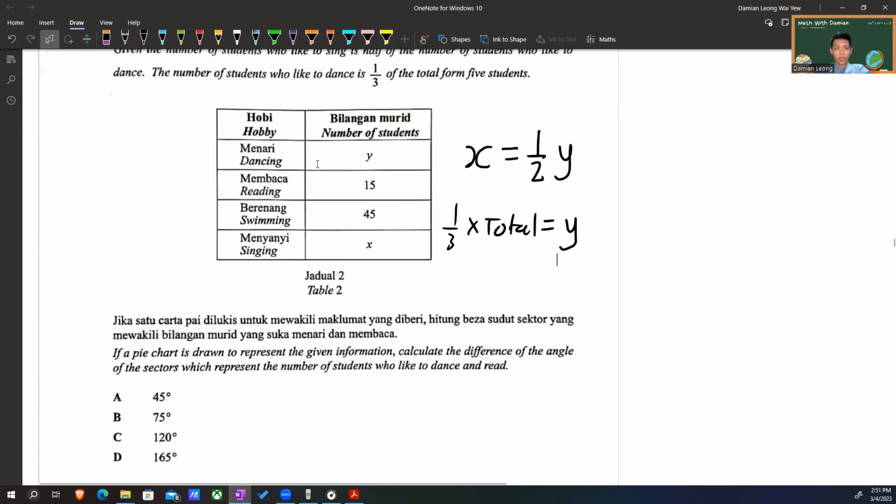So the one pie chart given is drawn to represent the information. I want the difference of angle for students who like to dance and read. So basically, I want to figure out the y value, so that I can compare y with the 15.